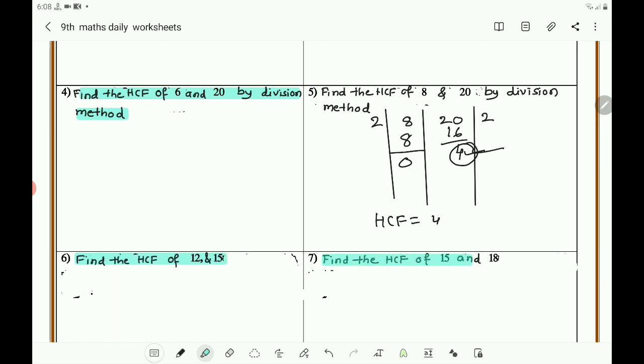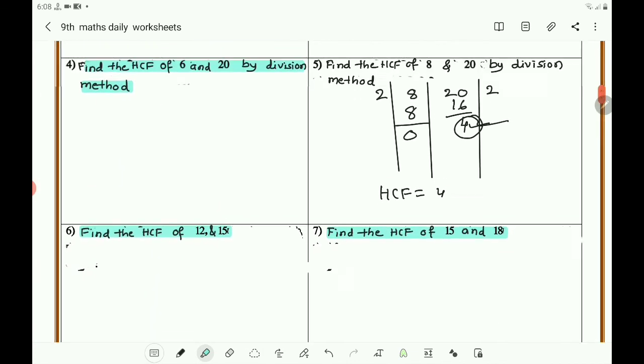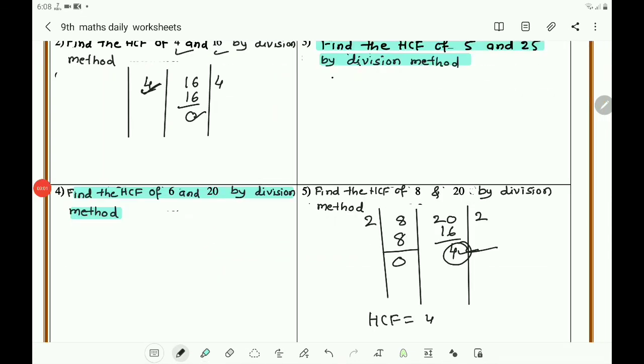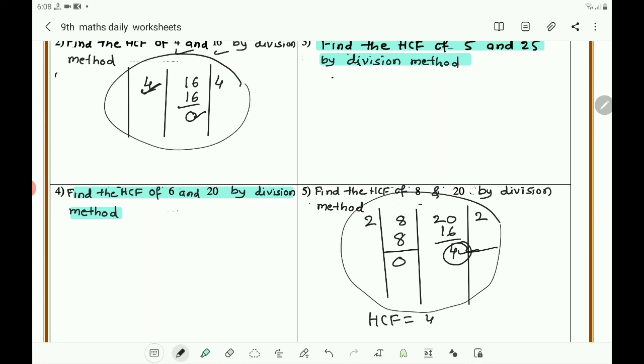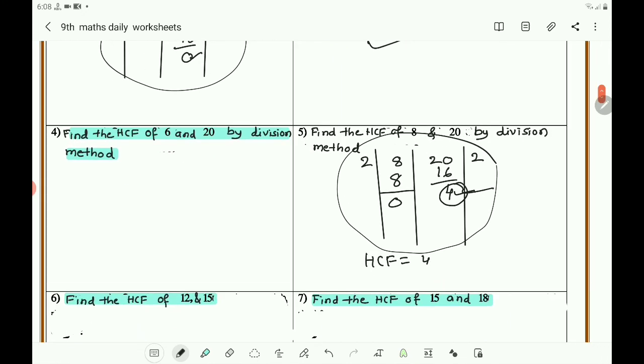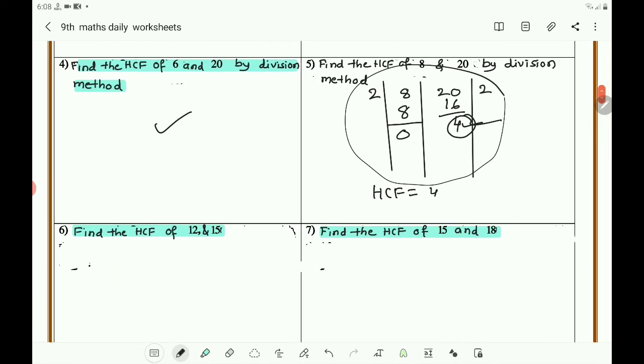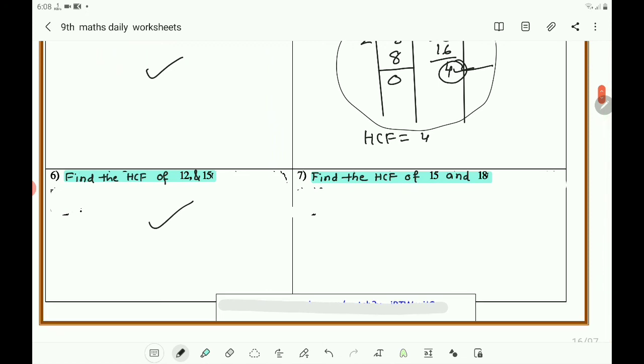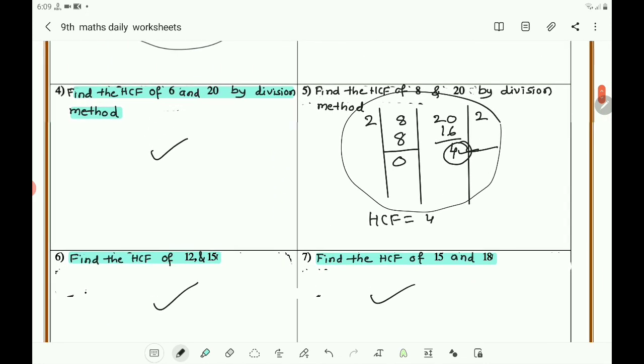Find the HCF of 15 and 18 by division method. Children, take the help of these two examples and find the HCF of 5 and 25, 6 and 20, 12 and 15, and 15 and 18, by the division method.